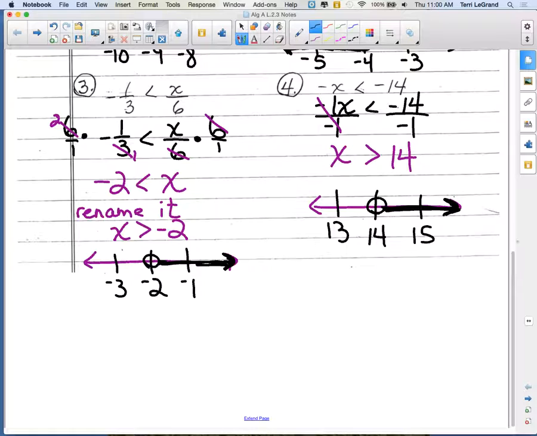Okay, everybody got what I have? We all agree? Are these positive numbers or negative numbers? Positives. All of the solutions are positive numbers. Any number greater than 14 is a solution to this.